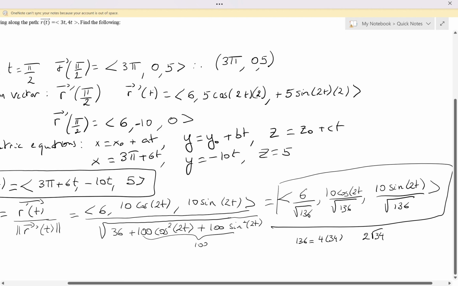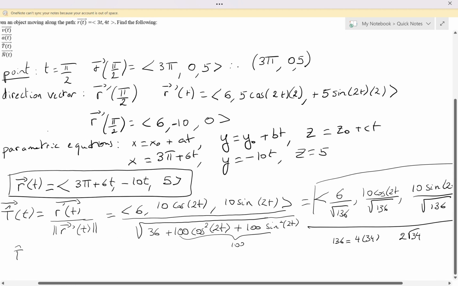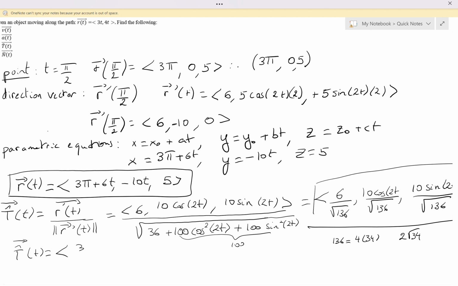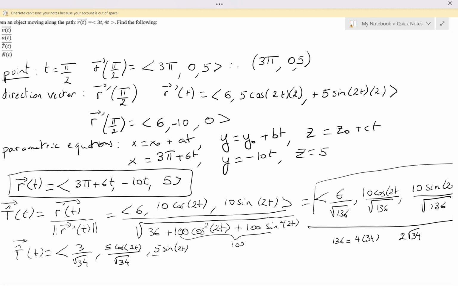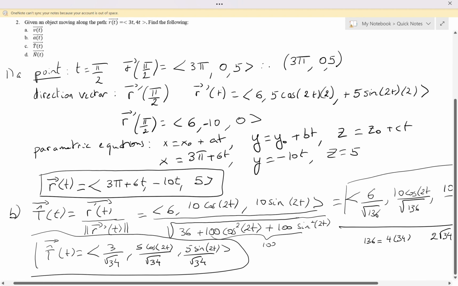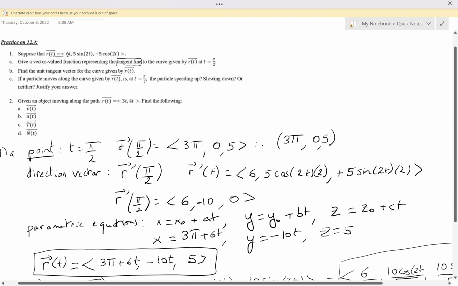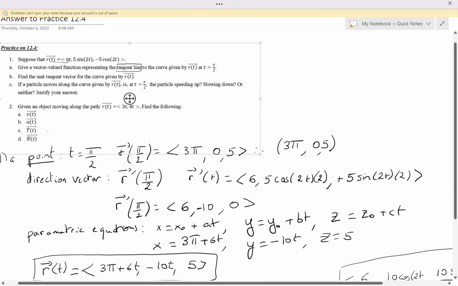So I can simplify this as the vector: 6 over 2 is 3, radical 34, and 10 over 2 is 5. So that's after simplification. And remember, the question asked to find the unit tangent vector for the curve given by r(t) at any time.